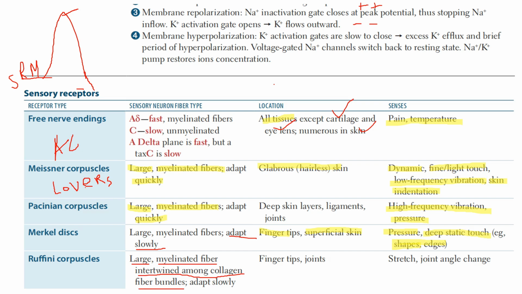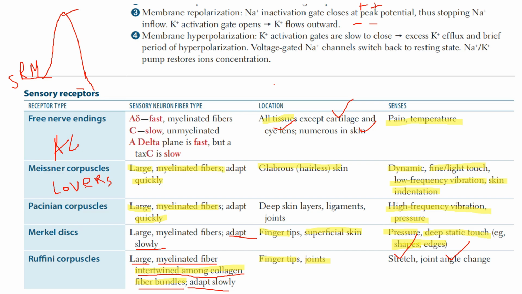They are going to adapt slowly like the Merkel discs. The only new thing added here is that they're intertwined among the collagen fiber bundles. We have them at the fingertips and the joints again. Now what they're going to sense: stretch and joint angle change.